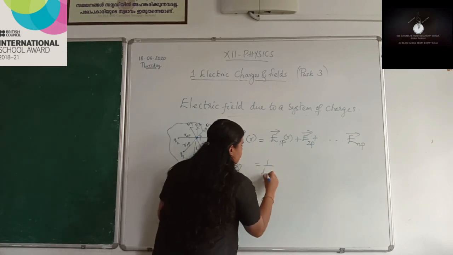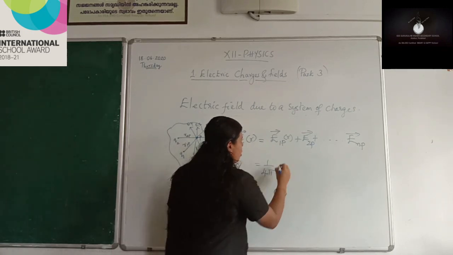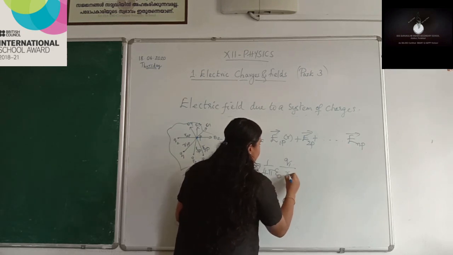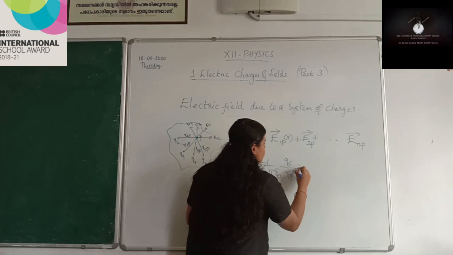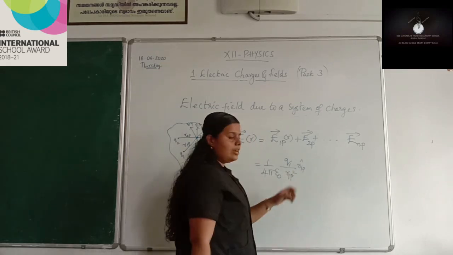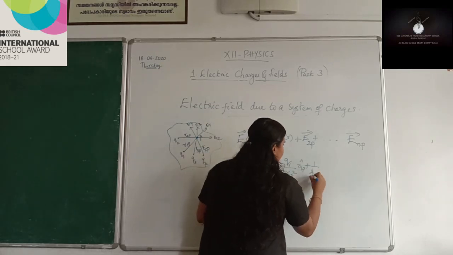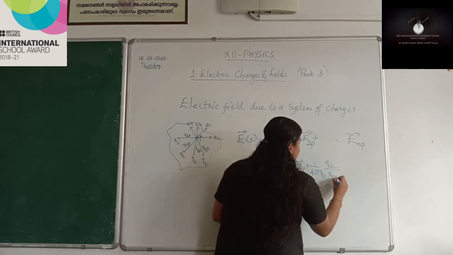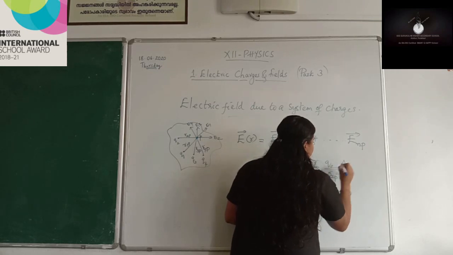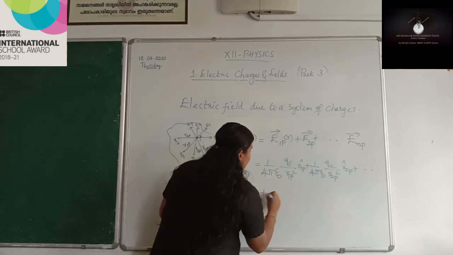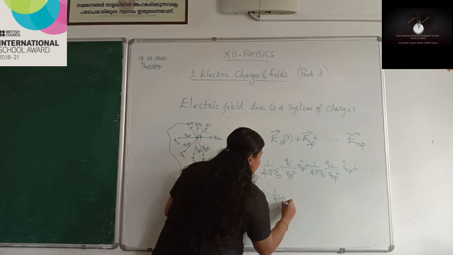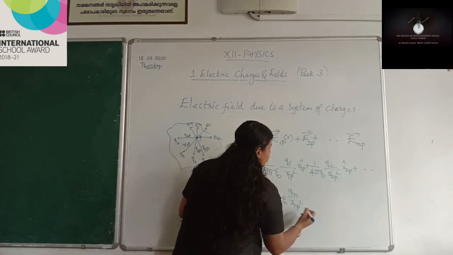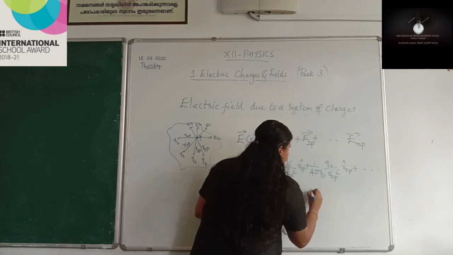That is 1 by 4 pi epsilon 0 Q1 divided by R1P square into unit vector R1P, plus 1 by 4 pi epsilon 0 Q2 divided by R2P square into unit vector R2P, plus and so on, plus 1 by 4 pi epsilon 0 Qn divided by RnP square into unit vector RnP.